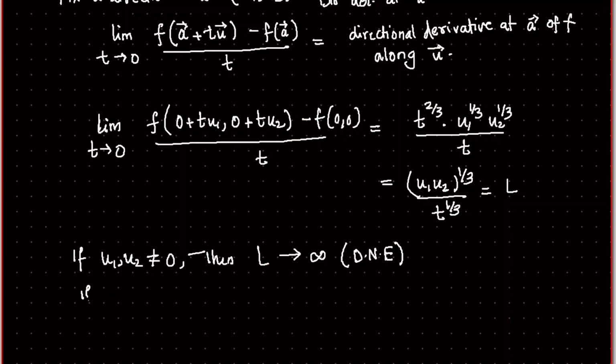But if either u1 or u2 is 0, then L will go to 0, right?